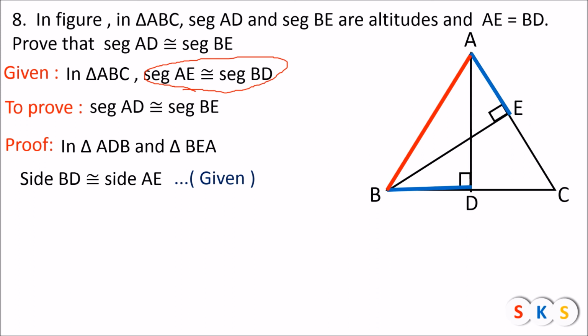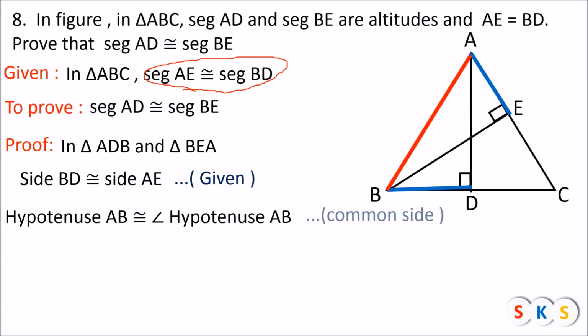So here hypotenuse AB is congruent to hypotenuse AB, since they are common sides. Now you can see in this figure, angle AEB is 90 degrees, and angle ADB is also 90 degrees. So I can say here angle ADB is congruent to angle BEA, because they have the same measure, both are 90 degrees.